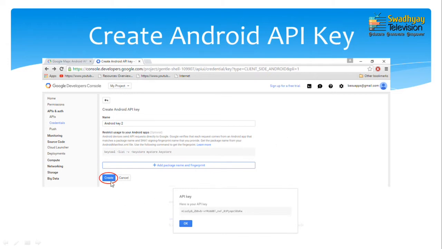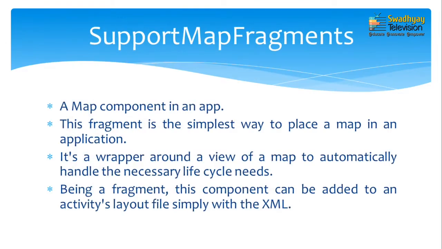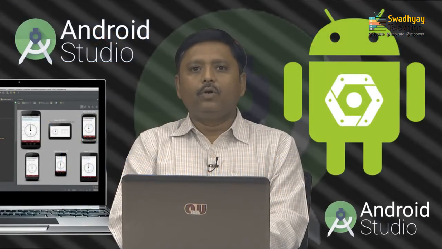Here you have to press this create button for getting your Android API key, and once this process is finished, this API key is shown in this dialog box. So, you have to copy this API key for distribution and you have to use this key in your project, and when you press the OK button, your process is finished. So, these are the steps for getting the Google API key.